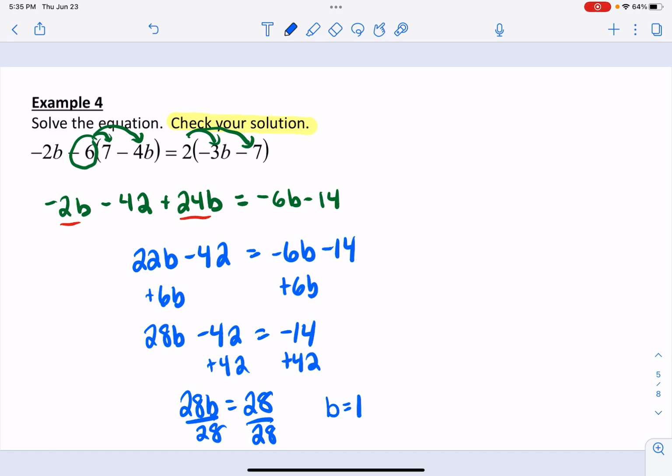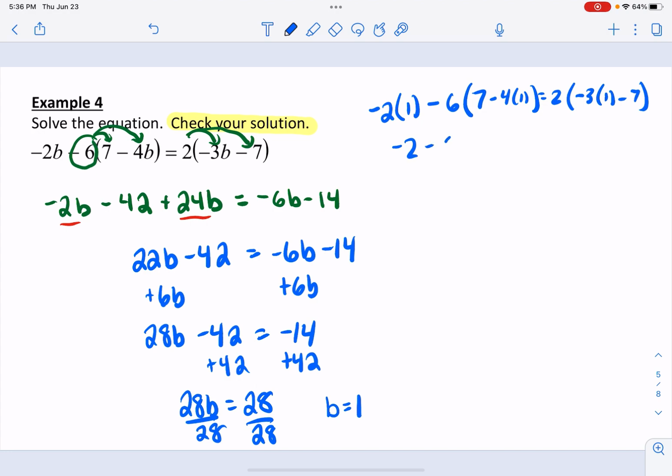So now I plug in negative 2 times 1 minus 6 times 7 minus 4 times 1 equals 2 times negative 3 times 1 minus 7. Okay, so I have negative 2 minus 6 times the quantity of 7 minus 4.